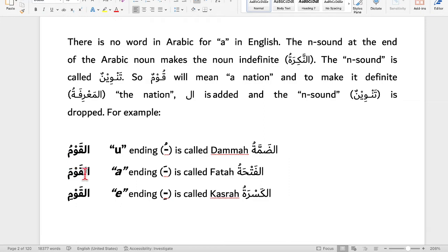And if the noun is mansoob, with the al it becomes al qauma, and the a ending is called fatha. If the noun is in the majroor form, like qaumin, if we add al to it, it will take the e sound, which is called kasra. So we have dhamma, fatha, kasra.